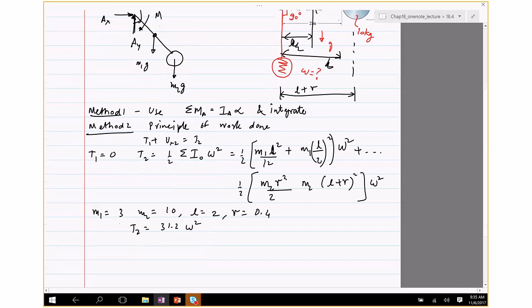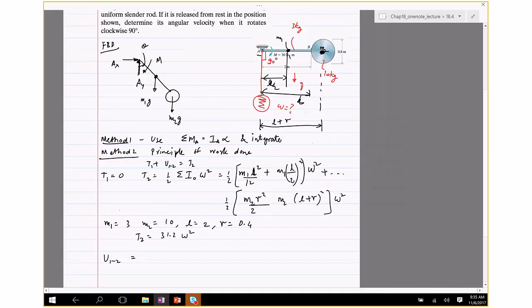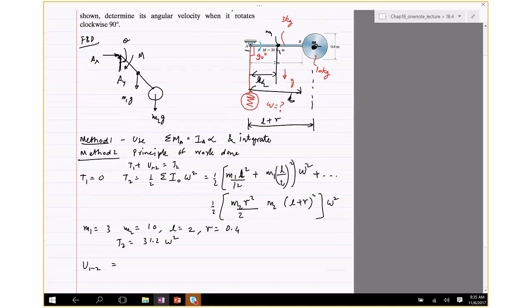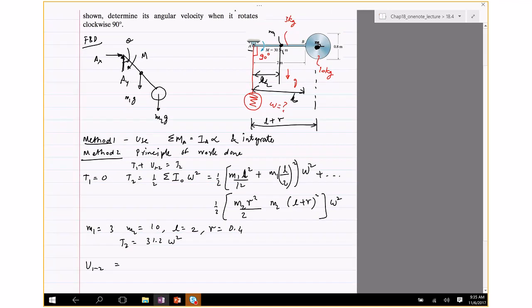And so I only need to find U12 now. U12 is the work done from going from 1 to 2. So there are forces AX and AY, there's two forces there, and then there is moment M, and then there is M1G and M2G.